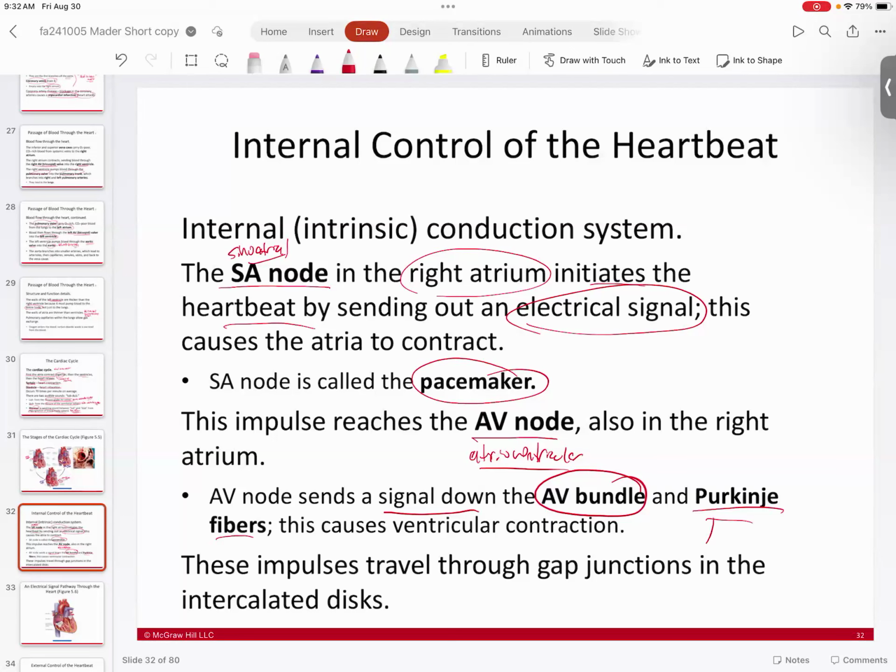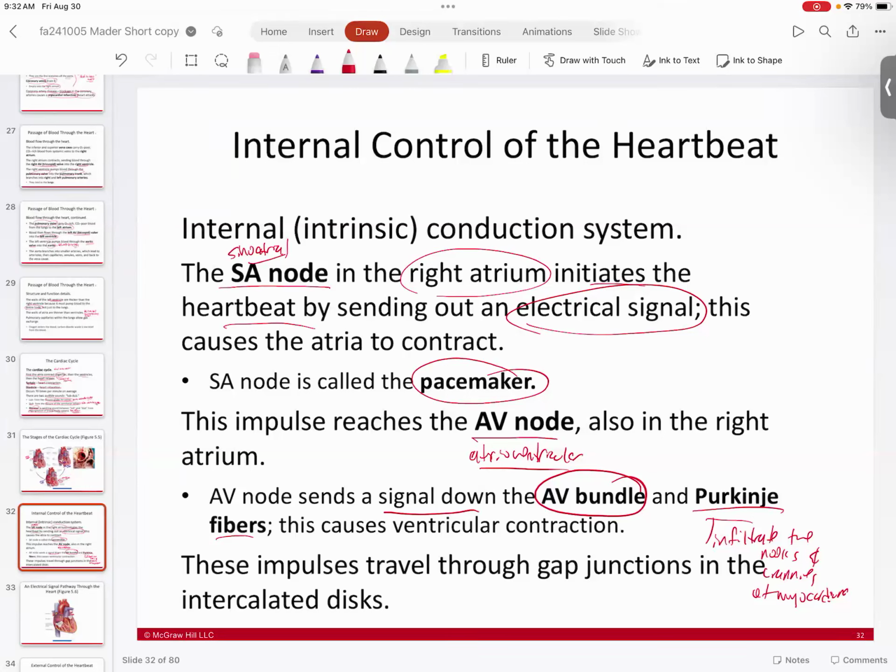What these do is infiltrate all the nooks and crannies of the myocardium to make sure that nobody is left out of the communication loop. So this delivers the contraction signal to the ventricles and then they contract.